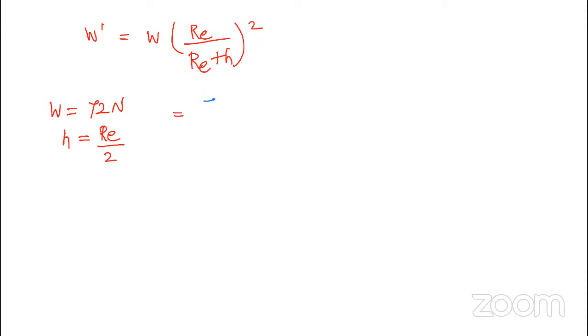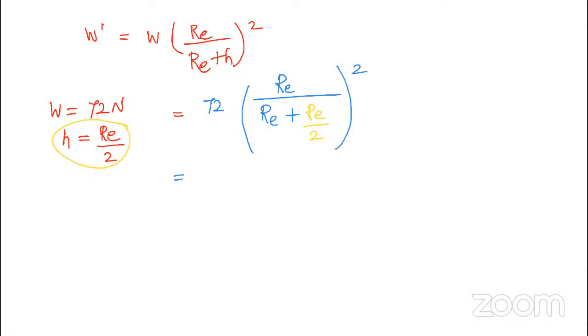W is 72 into RE divided by RE plus H, and H is RE by 2, again the whole square. This is equal to 72 into RE. The common term RE we can take out: 1 plus 1 by 2, the whole square.